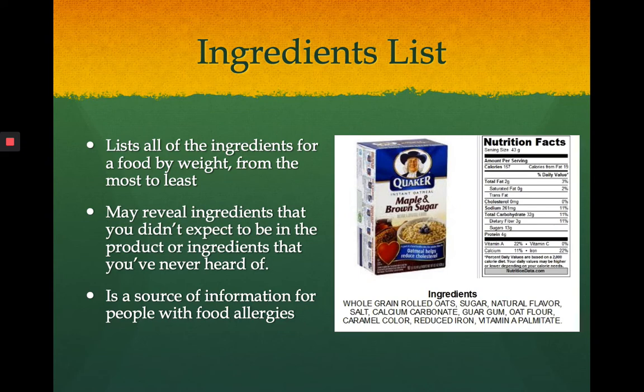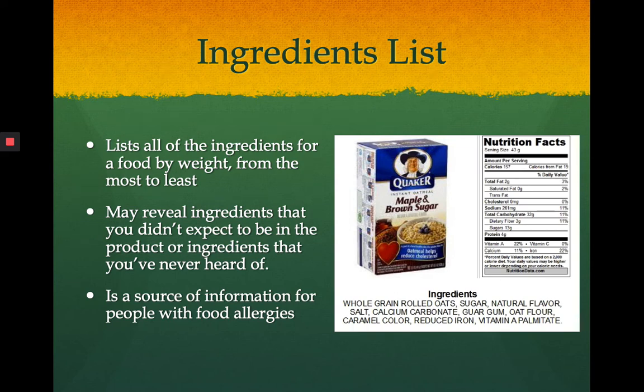So when you start looking at this list for oatmeal, guar gum, vitamin A palmitate. Well, vitamin A, okay, but there's not too many things that are maybe unfamiliar names. If you look at some other items, you're going to hear a lot of oses and eights and different words that you can't even pronounce. That might tell you that maybe this is an item that has a lot of ingredients that you want to be avoiding or not having as much of.